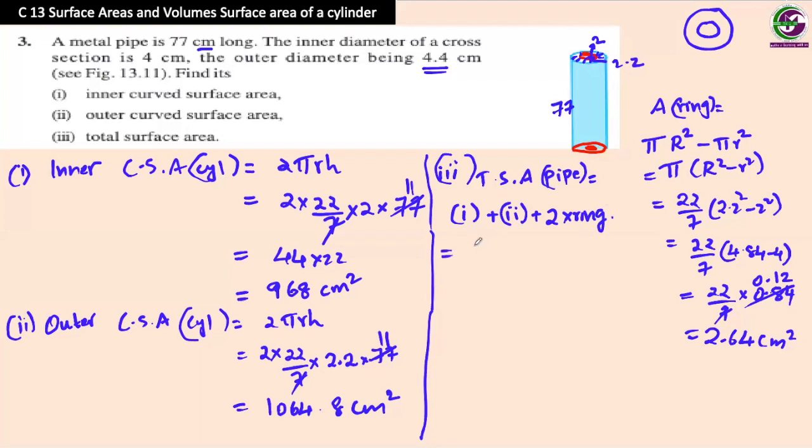So which is equal to 968 centimeter square plus 1064.8 centimeter square plus 2 times 2.64. And finally, we get the answer 2038.08 centimeter square when we add them. Have a look at it. Keep trying. It's really easy.